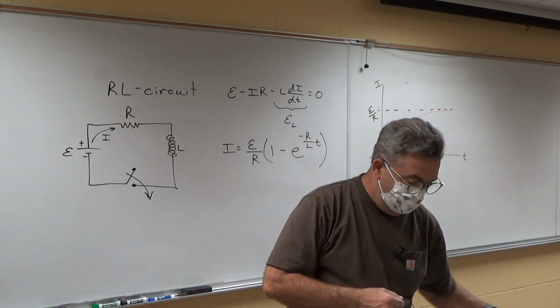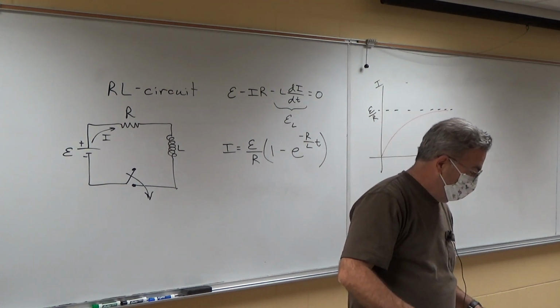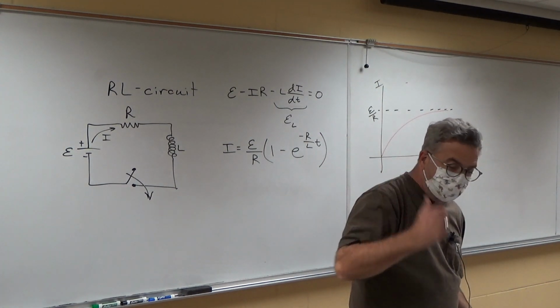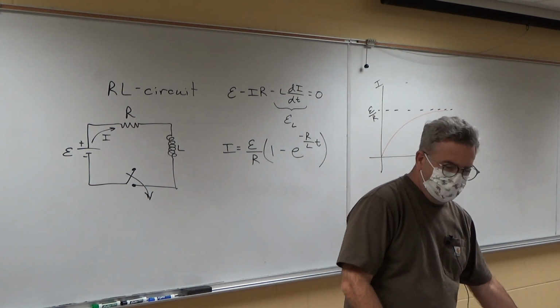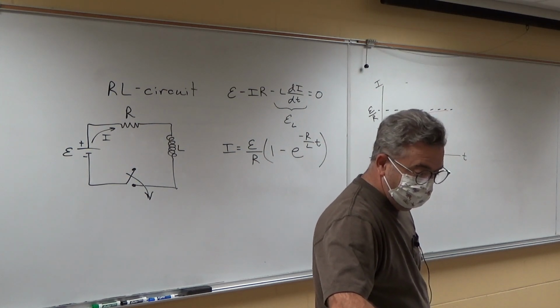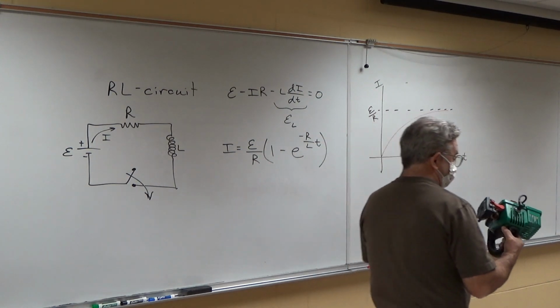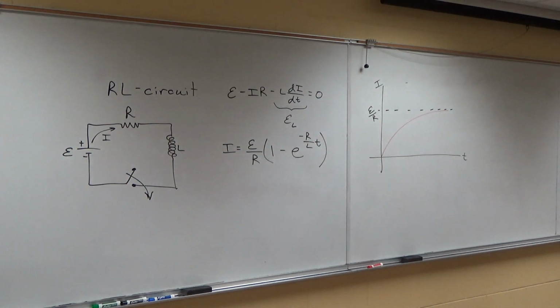A device that uses this idea, and this is really Faraday's law, not an RL circuit, is a magneto. Nothing to do with X-Men. These magnetos were around a long time before Magneto from X-Men.